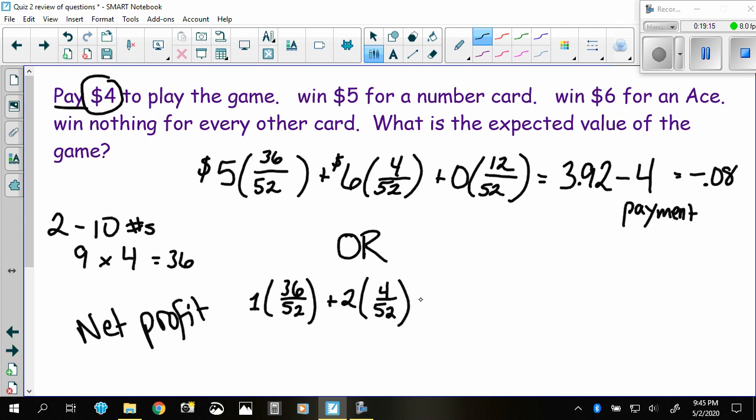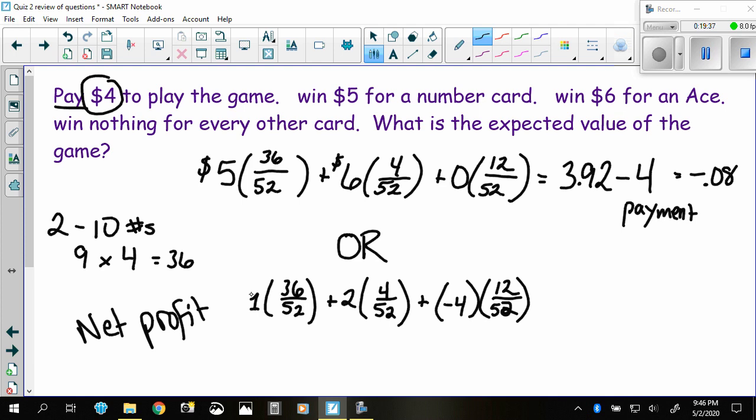And here you would just lose your $4, so you would have a negative 4 there because you're losing your $4 for these 12. You wouldn't win anything. Sorry, that should be 52. You wouldn't win anything, so you would just lose the $4 you pay. So this is the net profit, a negative 4 for losing the money and not earning anything.